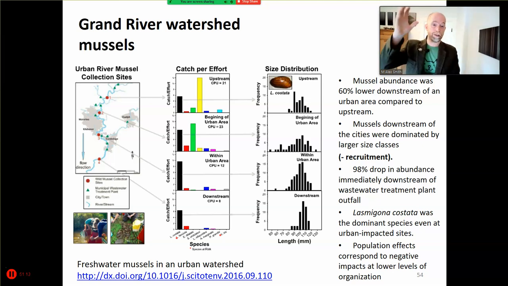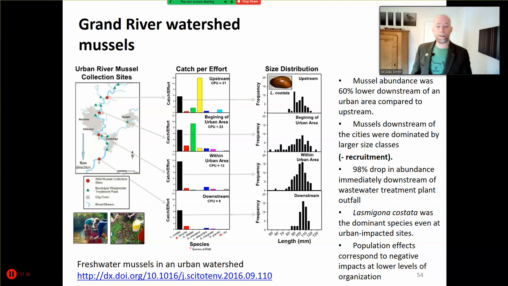Abundance above the city was quite dramatically higher than downstream of the city, and the mussels downstream were dominated by larger size classes, suggesting a zombification: it's the older ones that are living and the younger ones are not replacing them. So we're on the edge of likely further catastrophic loss of species and biomass. This has a lot to do with wastewater treatment and homogenization of shorelines.